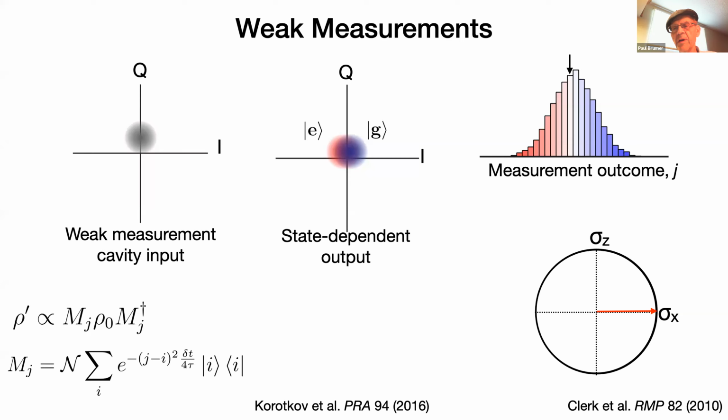Maybe I should rephrase that. If I reset the state every time, I know that I'm making a measurement on the state that I'm interested in. If I don't reset the state after each measurement, then I'm not measuring the state that I was interested in.